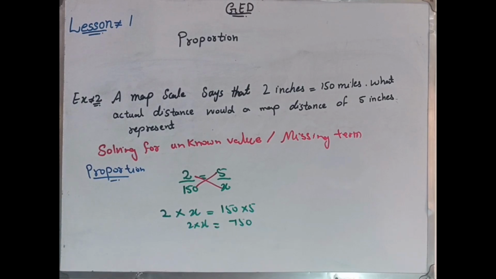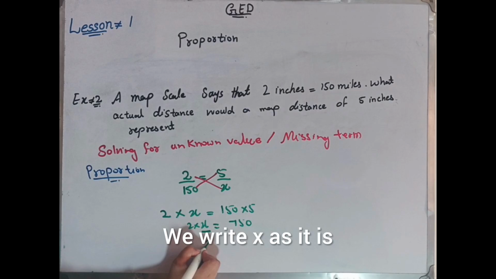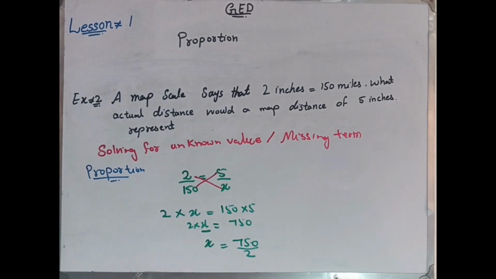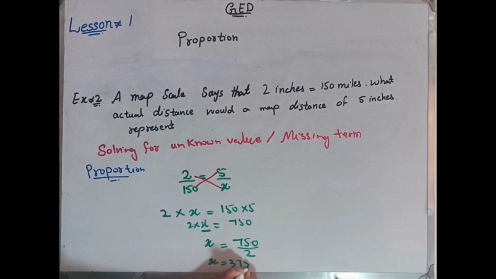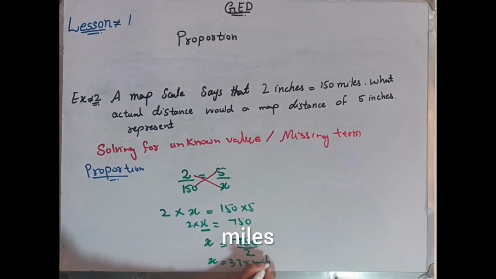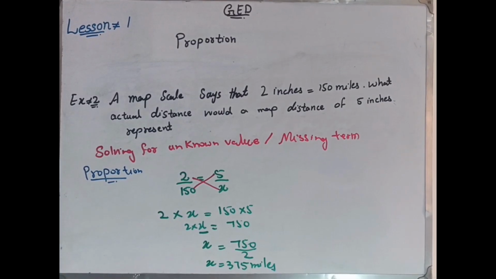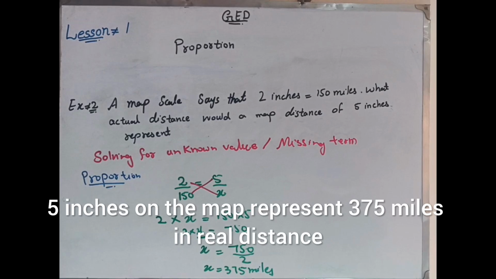But we want to find the X value, the unknown value. 750 divided by 2. Now, our missing term is 375 miles. So, 5 inches on the map represents 375 miles in real distance.